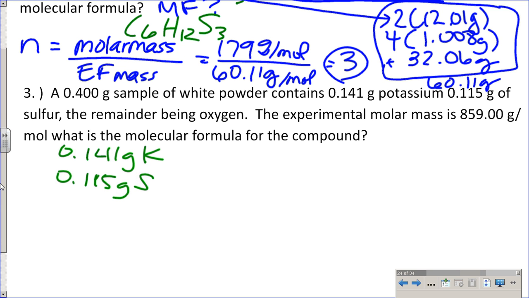What are you doing in your head or on the calculator? So add these and subtract from the original, right? Okay, so 0.4 minus the sum of this right here.